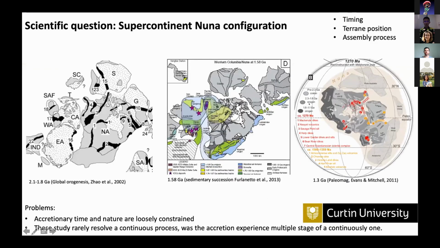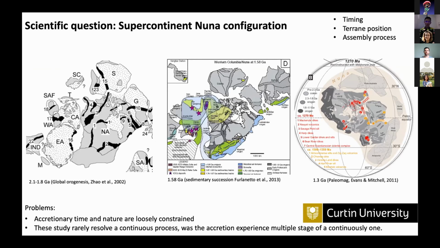Before we go into more detail, let me introduce a bit of the bigger picture about the supercontinent Nuna reconstructions. Scientists have put the supercontinent assembly, called Nuna, at 1.8 to 1.6 Ga based on different methods, like synchronous orogenic events, sedimentary sources or paleomagnetic poles.